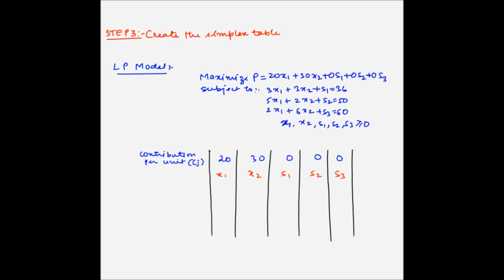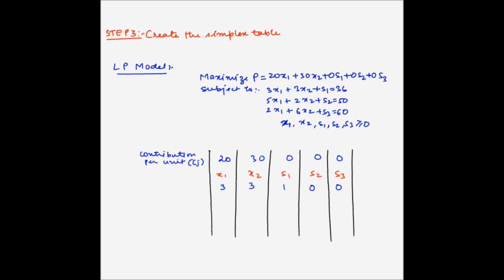So our first constraint is 3x1 plus 3x2 plus S1 is equal to 36. So the coefficient for x1 is 3, for x2 is 3, S1 is 1. Now there is no S2 or S3, so we'll assume the coefficients are 0.